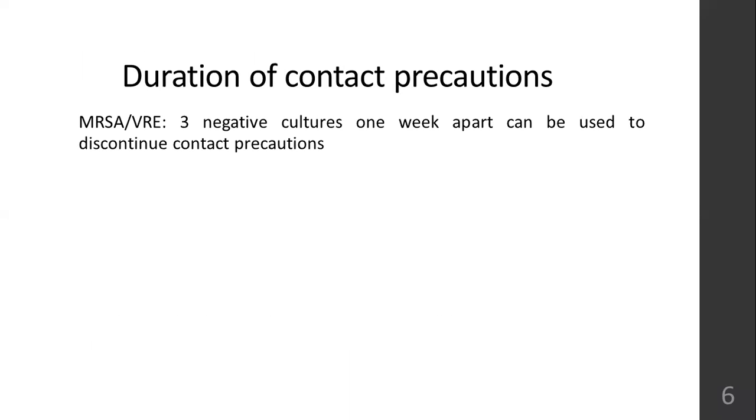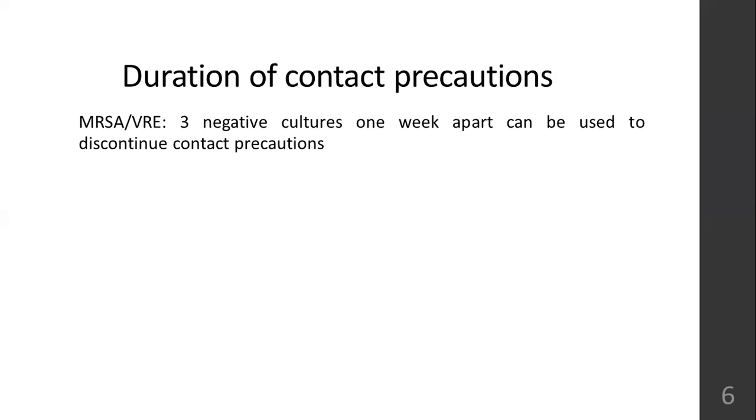Today you got a negative culture. Yesterday you may have sent a sample, or this morning you sent a sample, and by the afternoon or evening you got the report saying the patient is negative for MRSA and VRE. Doesn't mean you can discharge them. You have to wait for 1 more week. Till then, contact precautions will carry on.